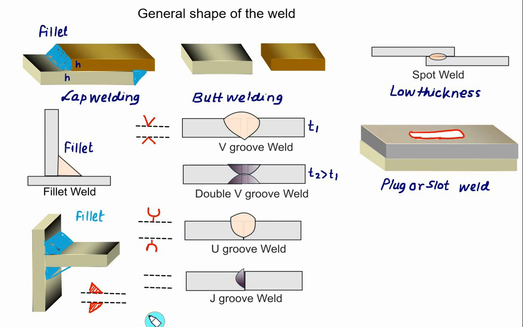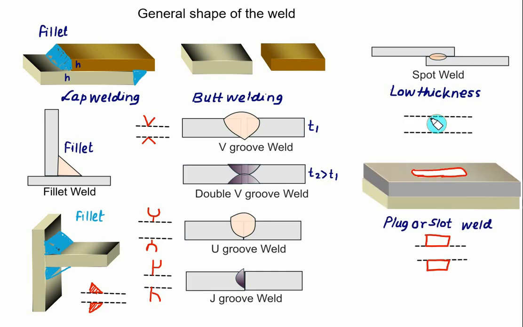And for J groove weld, you have to show the symbol as J, not exactly J, but similar to J. In the case of a plug or a slot weld, you have to show the plug symbol using a rectangle. And in the case of spot welding, you have to show the shape of a nugget. Normally the shape of a nugget is a vertical one, so you have to show the circle on the dotted line which indicates a spot weld.